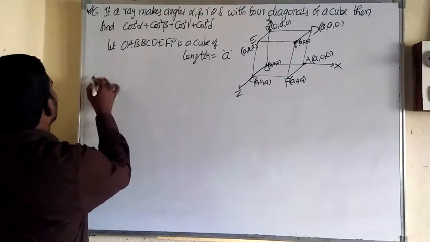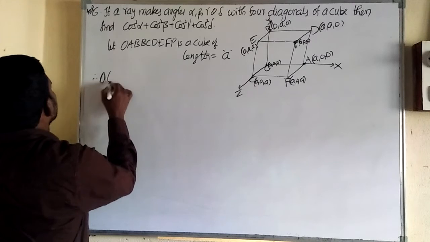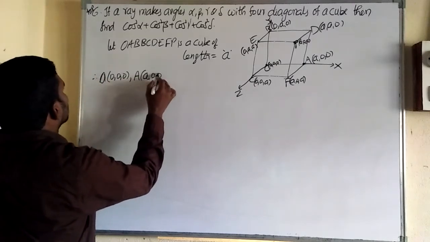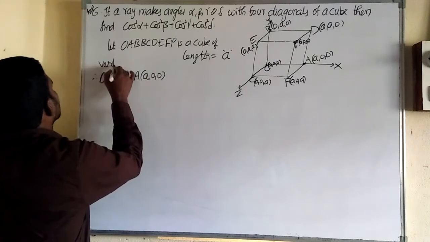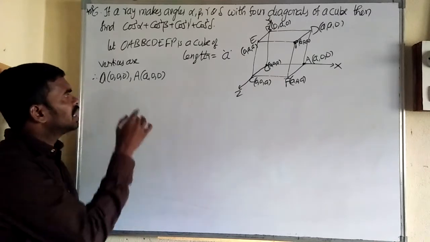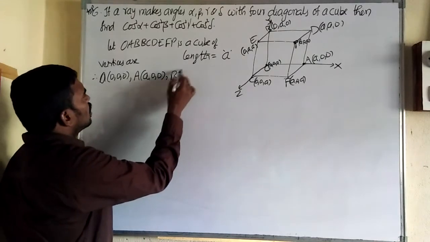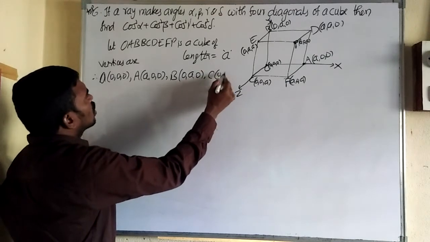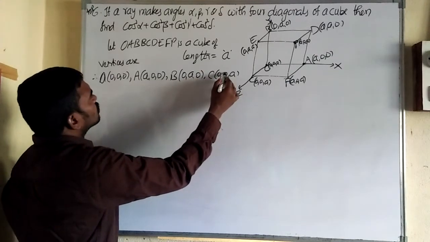So therefore, what are the points? O is 0 0 0 and A is a comma 0 comma 0. So I am writing the vertices. So vertices are O 0 0 0, A a comma 0 comma 0, and B 0 comma a comma 0, and C 0 comma 0 comma a.